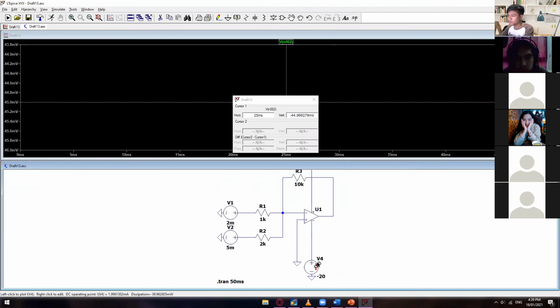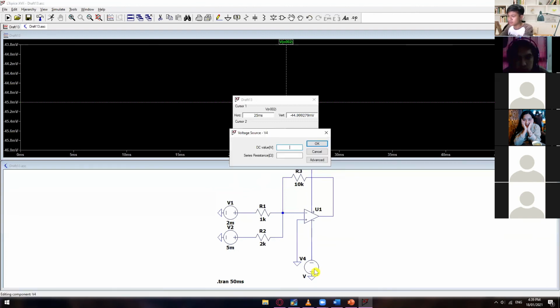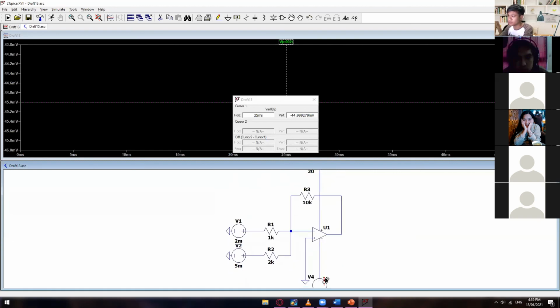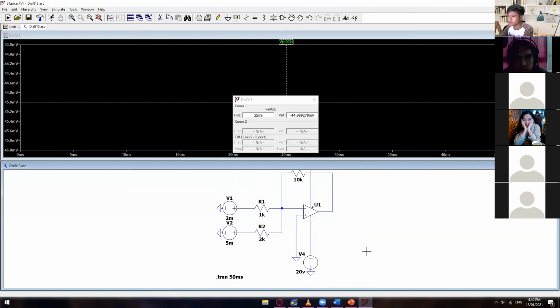In here, I have an input for my rail voltage, which is positive going to negative, but I've changed the sign of my voltage, which is negative. You can just put 20 here, but you have to make this into like this, wherein they are just the same. So this one now is negative 20 volts.